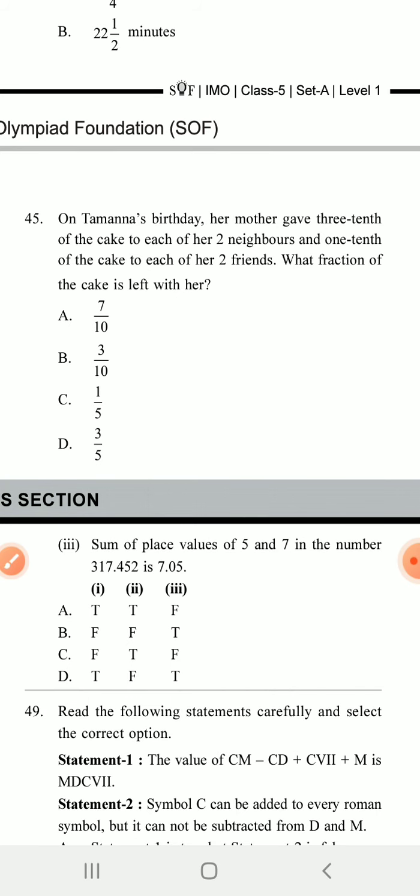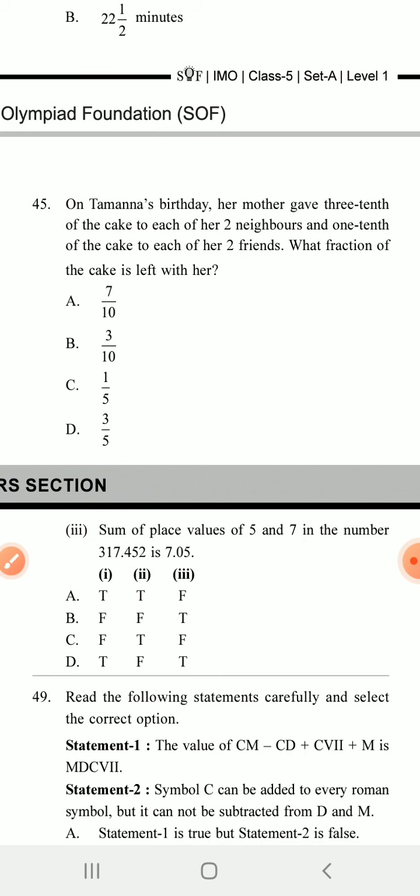On Tamanna's birthday, her mother gave 3/10 of a cake to each of her 2 neighbors and 1/10 of the cake to each of her 2 friends. What fraction of the cake is left with her? 3/10 of the cake to each of 2 neighbors, so the total is 2 into 3/10.